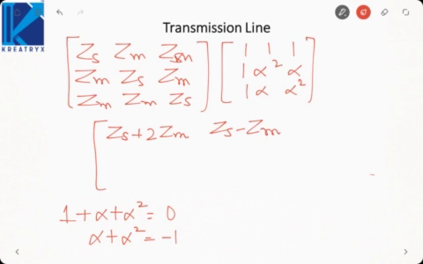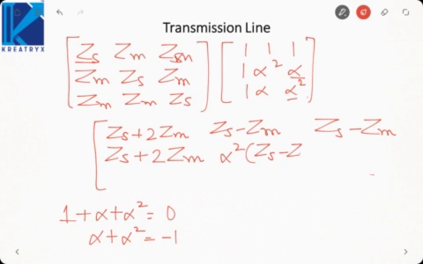Next, if we multiply first row by the third column, we will get Zs plus alpha Zm plus alpha square Zm, that is Zs minus Zm. Then second row into first column, we will again get Zs plus 2Zm. Then Zm plus alpha square Zs plus alpha Zm, that is alpha square Zs minus Zm, because 1 plus alpha will be equal to minus alpha square.